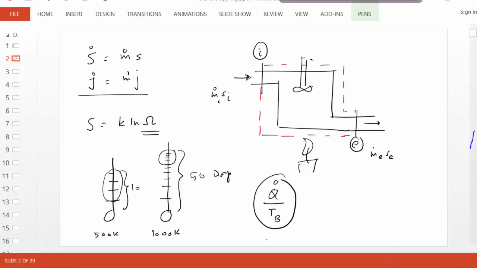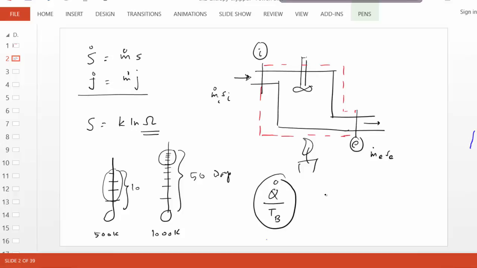On the other hand, when work crosses the boundary, let's say in this case the shaft work, all the molecules of the shaft are moving the same way. There is no randomness, there are no levels associated with it. So when external work such as shaft work, electrical work, or boundary work crosses the boundary, there is no entropy transfer.